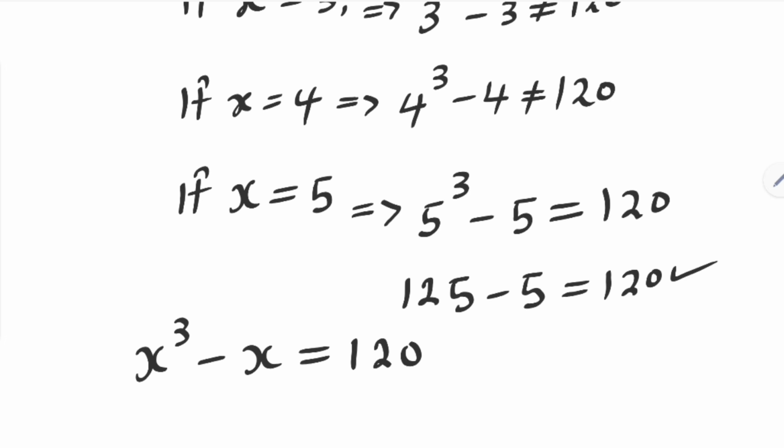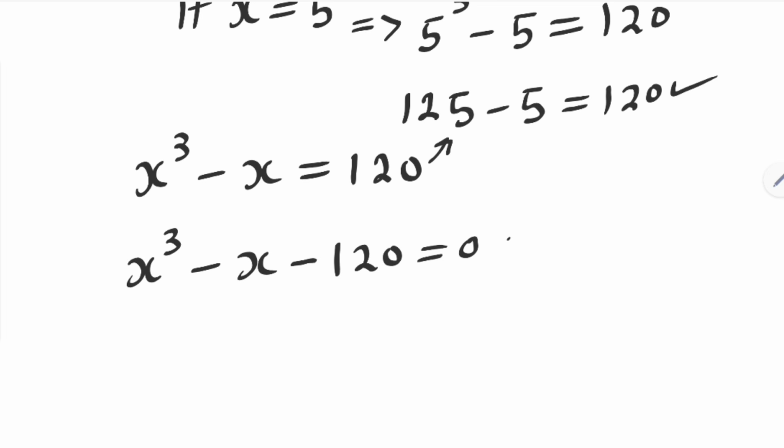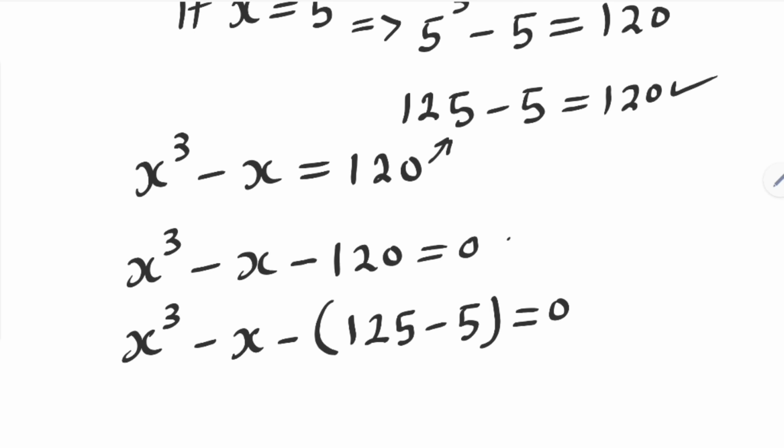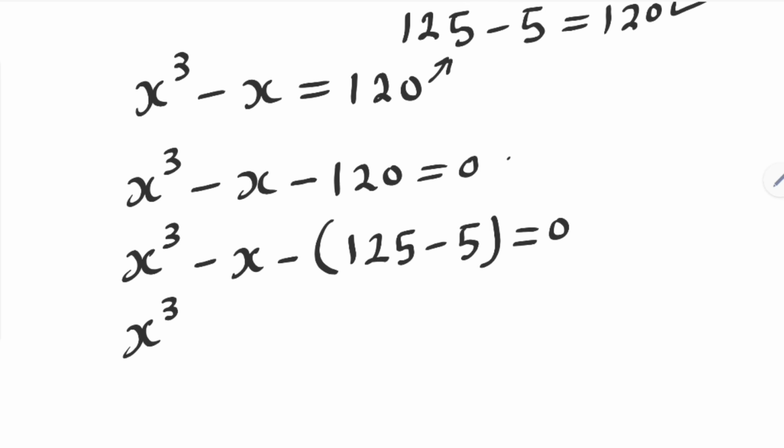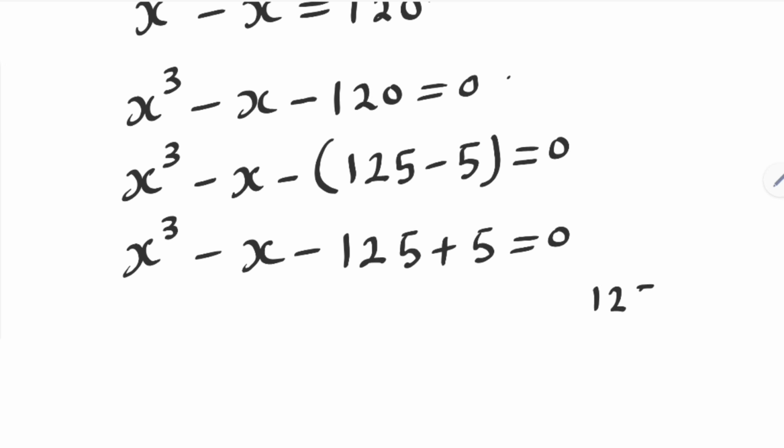Now, let us replace this 120 by this. s raised to power 3 minus s minus 120 is equal to 0. s raised to power 3 minus s minus 125 plus 5 is equal to 0. 125 is equal to 5 raised to power 3.